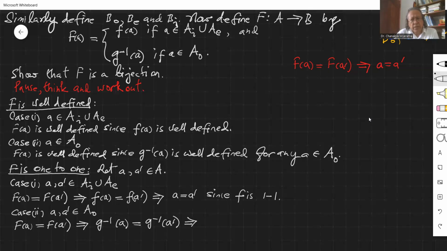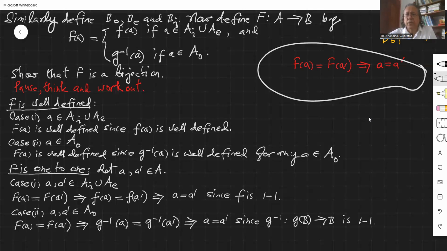So this implies that A is equal to A prime, since G is from B to A, and G inverse is from G of B to B, is one-to-one. So in case two also we showed that this implication is true.